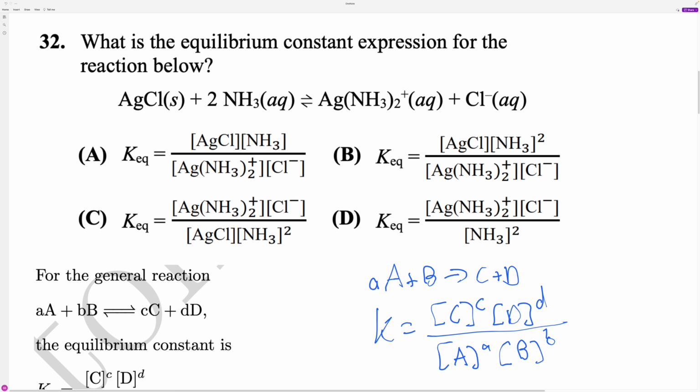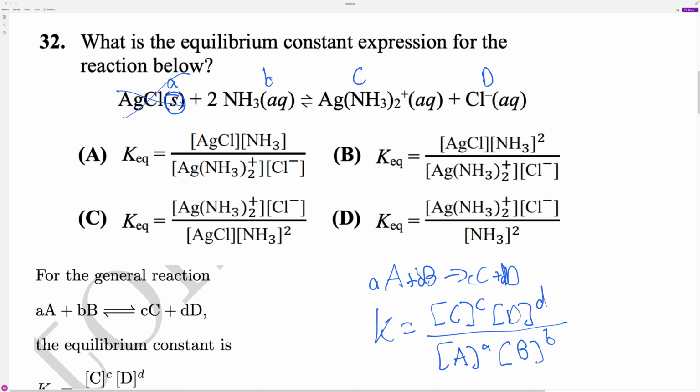So essentially we have this reaction right here, A, B, C, D. So all we need to do is plug this in to our K form. However, there's one important exception here, and that's that pure solids and liquids aren't included in the K expression. So we just cross this out entirely.